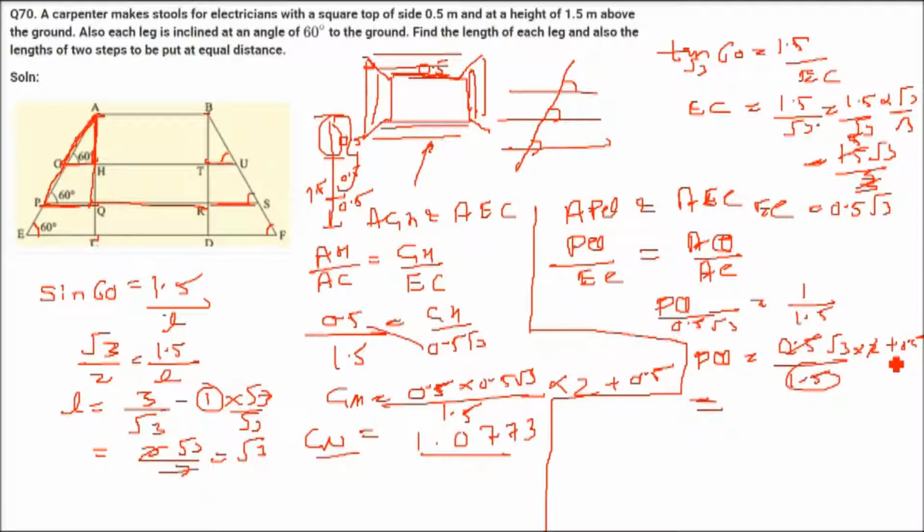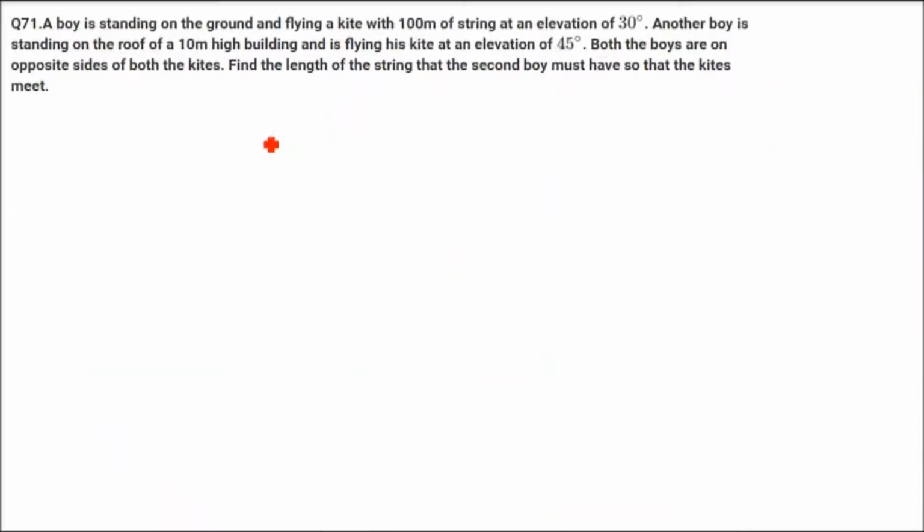Now I have to add 0.5 also, and this is going to be 1.654. So this is PS. PS is going to be 1.654 and GU is going to be 1.077. This is the solution.